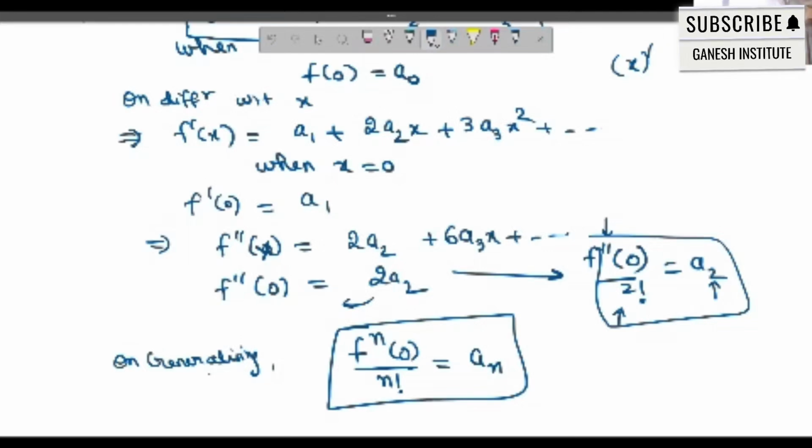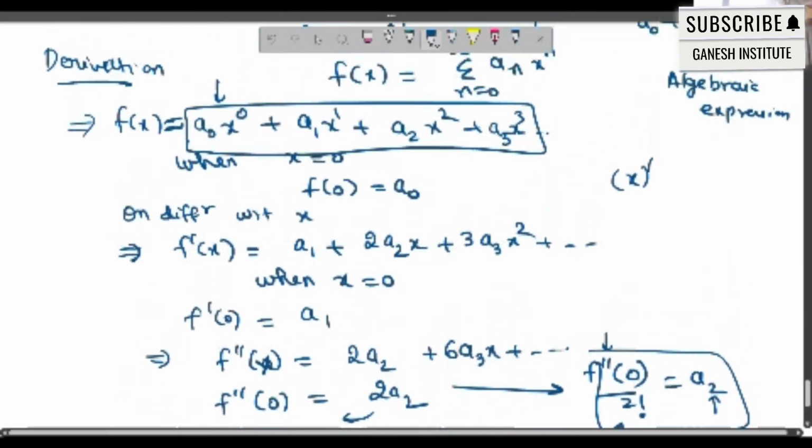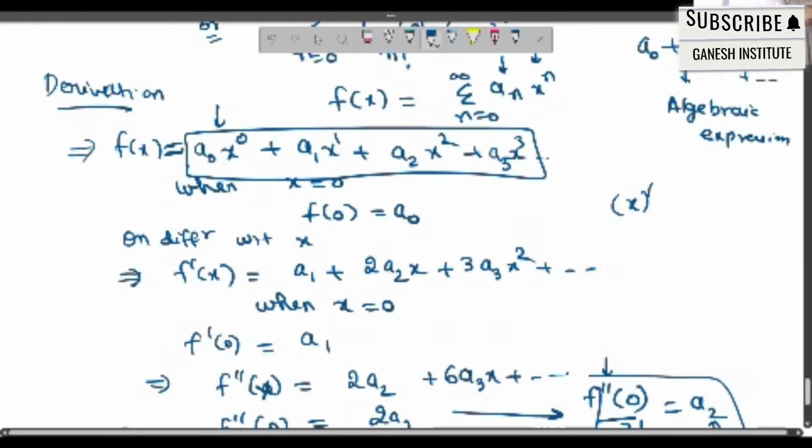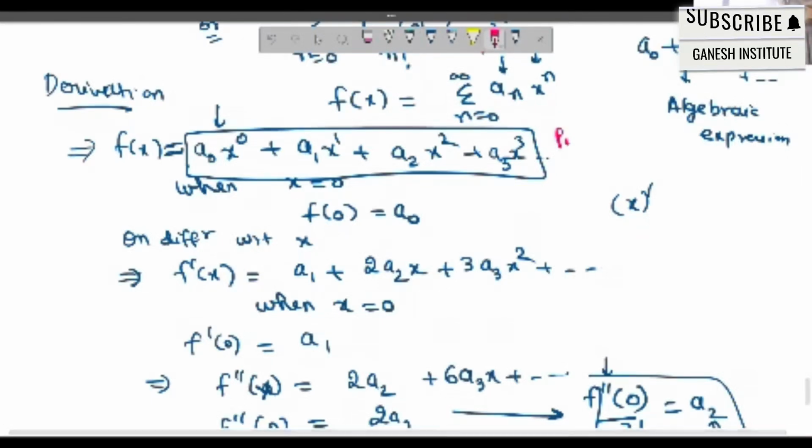Yes, ma'am. Now, if I substitute all these values which I've got here in f(x), this is my power series. Tell me what it will be. Here I'm writing f(x) is equal to, this is actually a naught x raised to power 0. X raised to power 0 is 1.